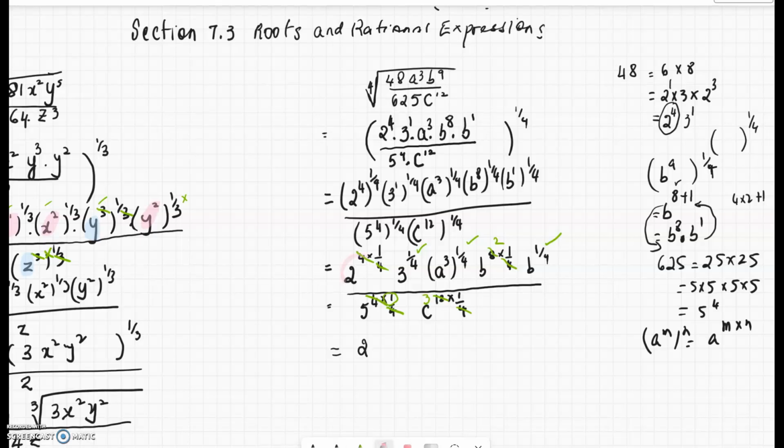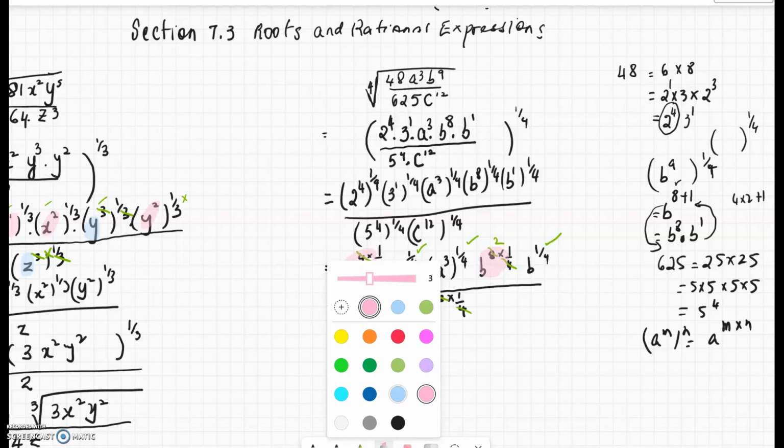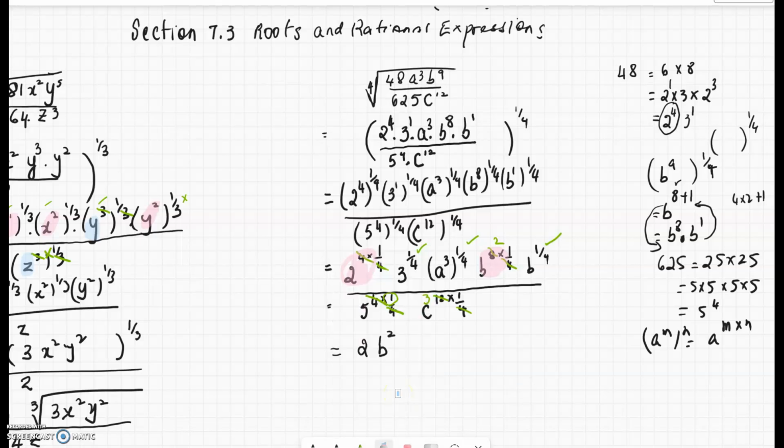So I get my 2 to the 1, b squared, and now I'm going to write down all the terms with the power of 1/4, and that's something that I'm going to write as a 4th root of at the end of the problem. So that is 3 to the 1/4, a cubed to the 1/4. Nothing cancelled, that's why I just left it alone. And then b to the 1/4.